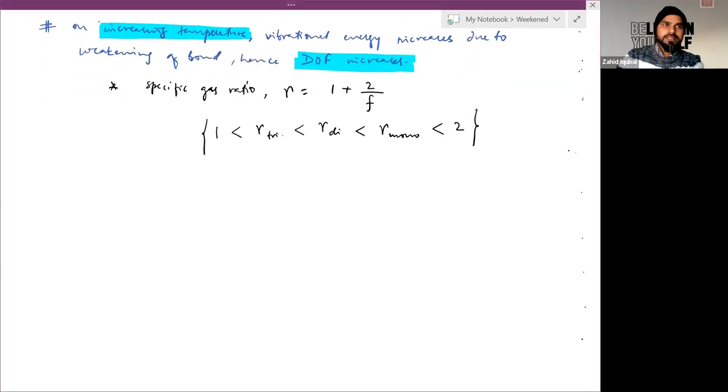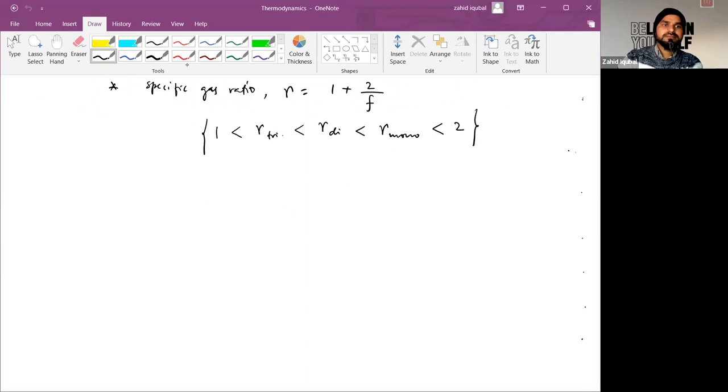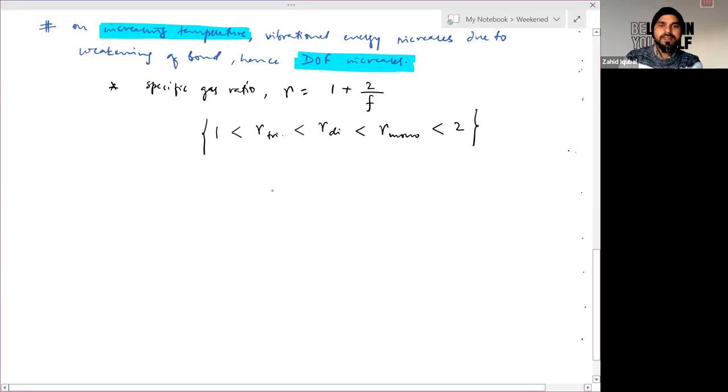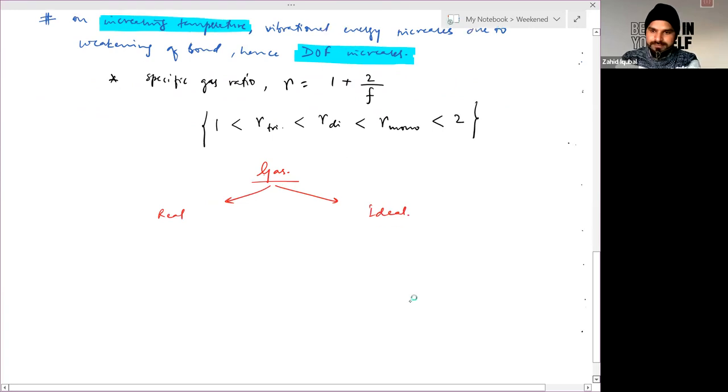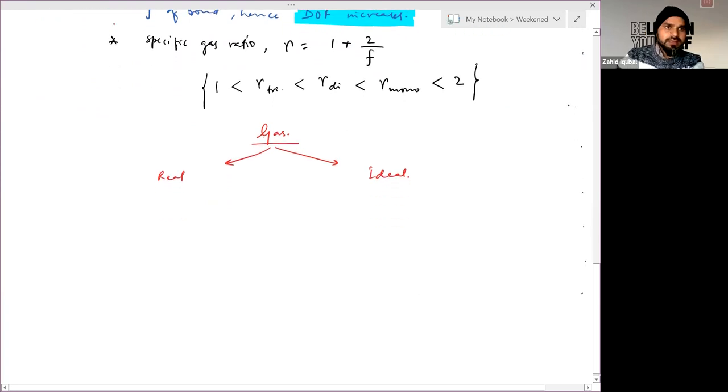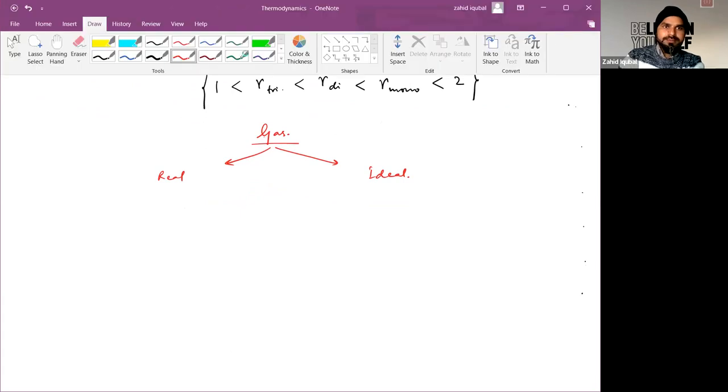Now, the next part is: what do you mean by real gas and ideal gas? Suppose you have gas, real gas, and ideal gas. Mamuna, any idea?